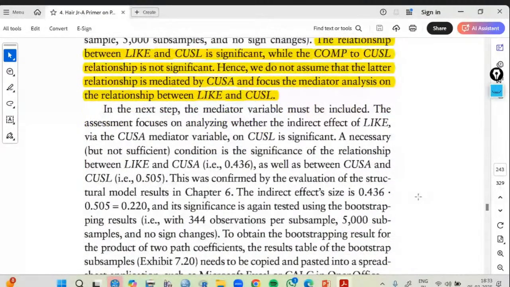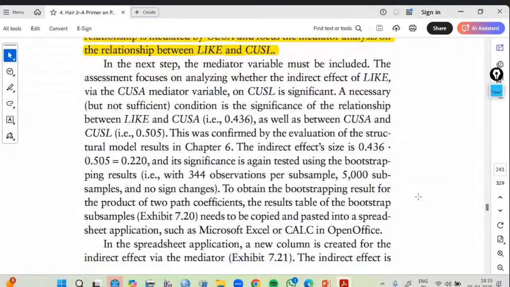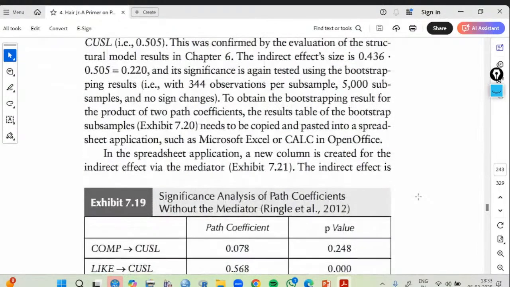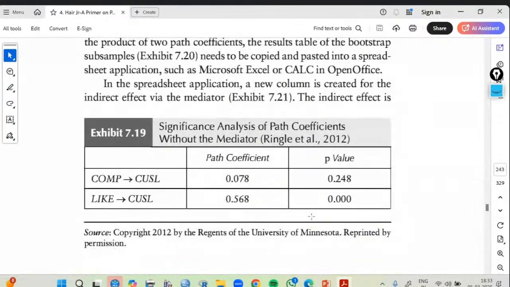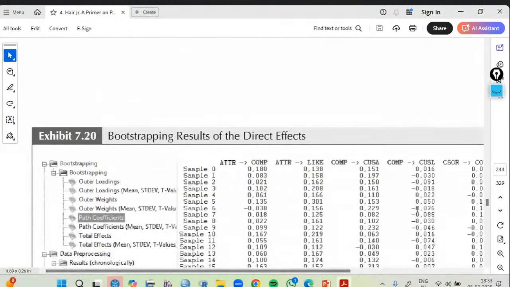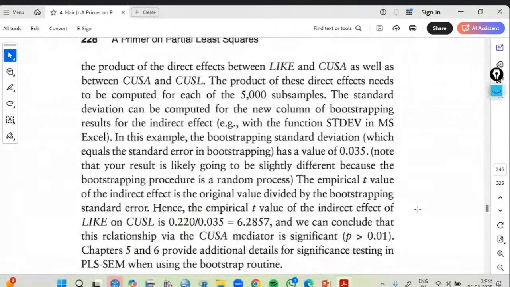Now you can see the value and the path coefficient, and the p value is not significant because it is 0.248, greater than 0.05.